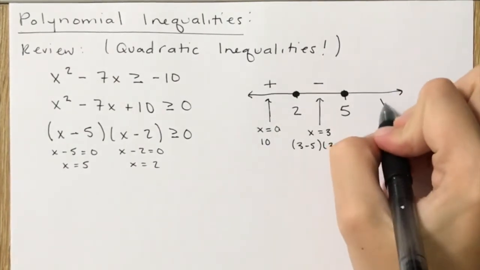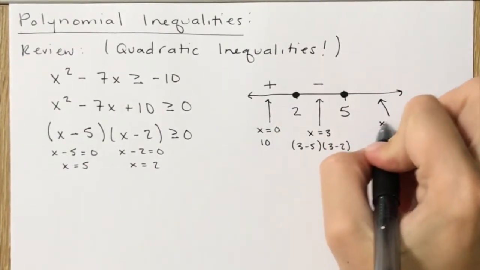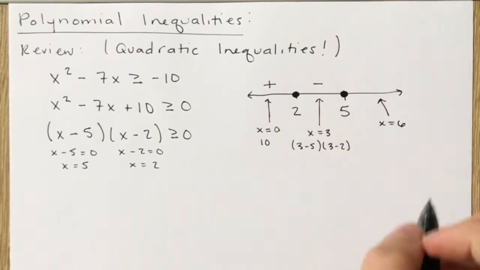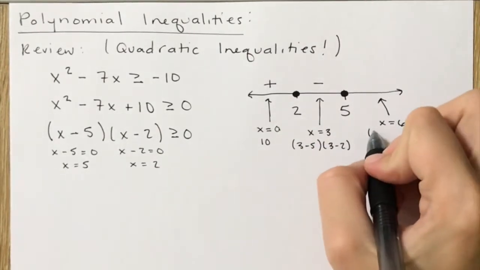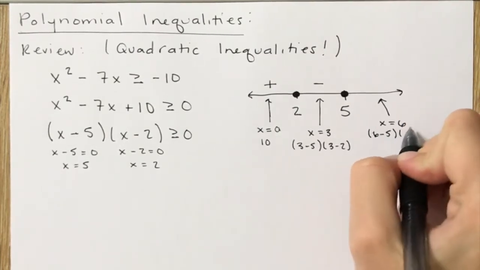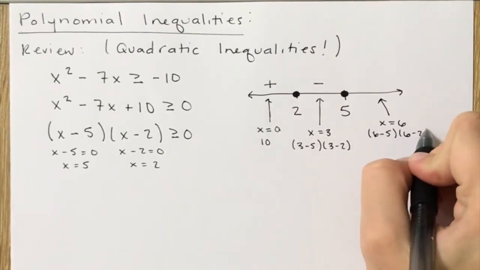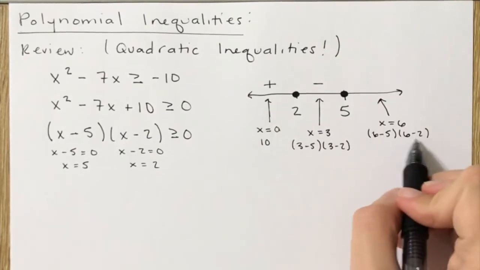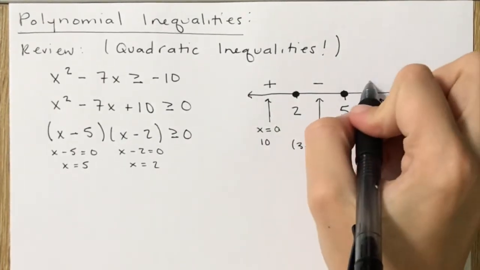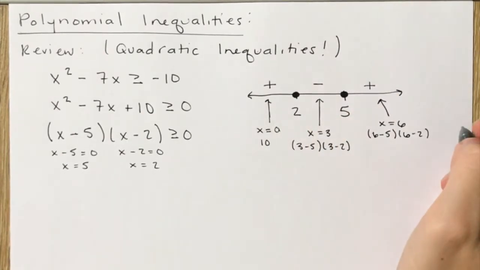Last but not least, we've got this. So we can choose x equals 6. I plug in 6 to my function. I have 6 minus 5 and 6 minus 2. I have a positive number times a positive number. That's going to give me a positive number.